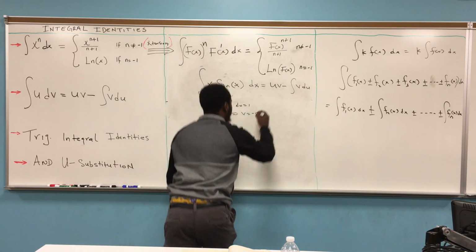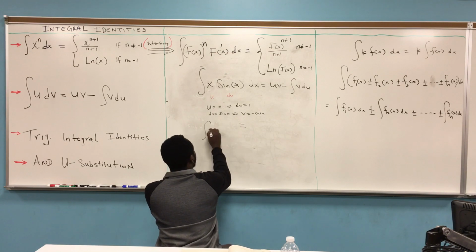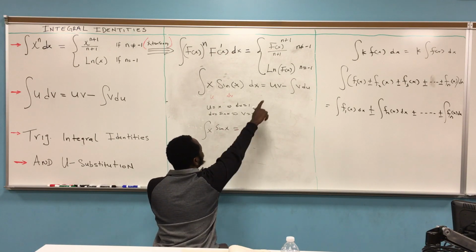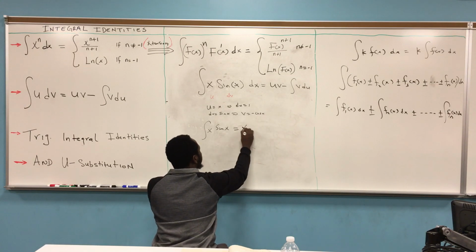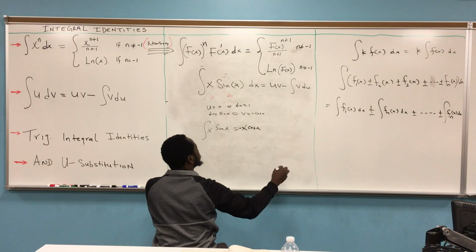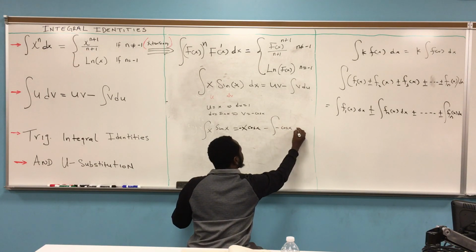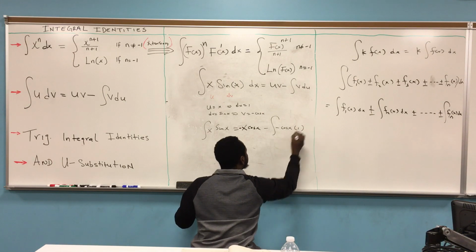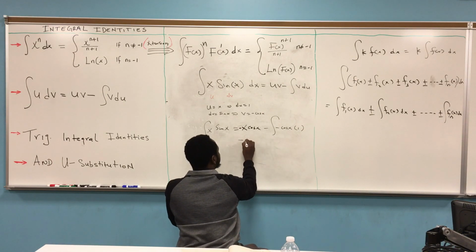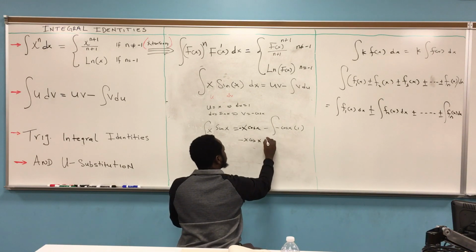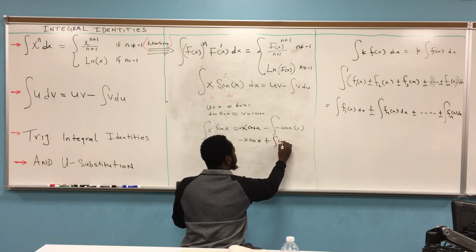So now I'll just substitute in here. So the integral of x sine x will be uv. u is x, v is what? Negative cosine x, minus the integral of v, which is negative cosine x, times du, which is 1. Now, negative x cosine x, minus minus will give me plus the integral of cosine x.